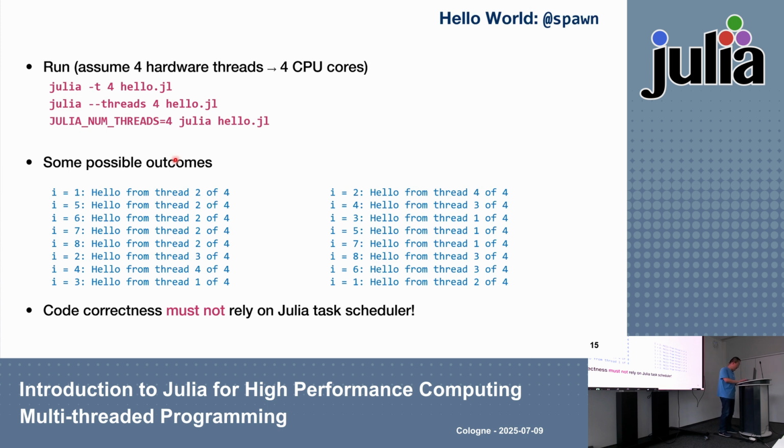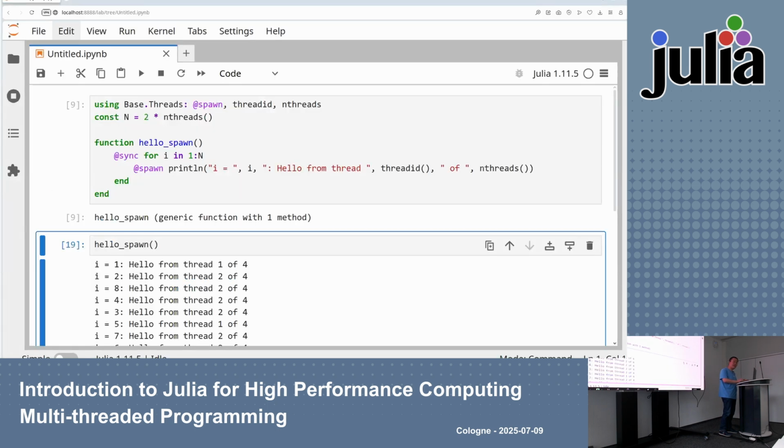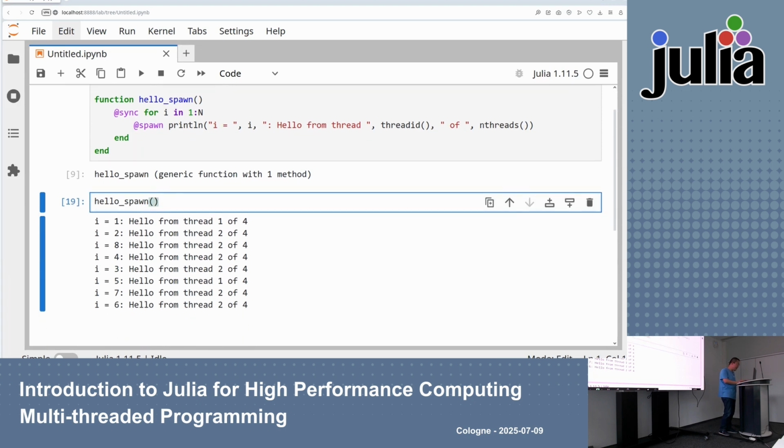So actually, during the lunch break, I copy pasted this. You can also simply copy and paste this into, as you can see, Jupyter Lab. If I run this, now you see i is 1 to 8, 4, and so on.